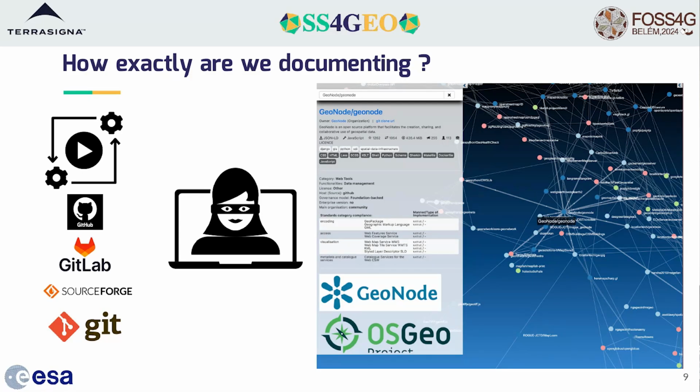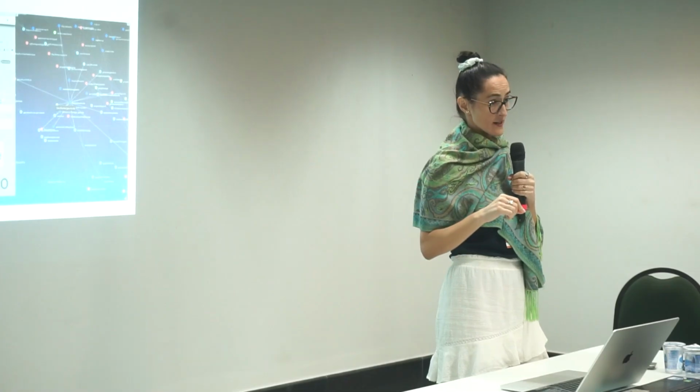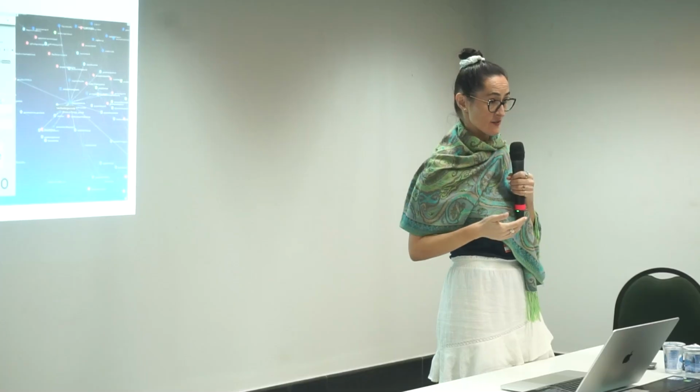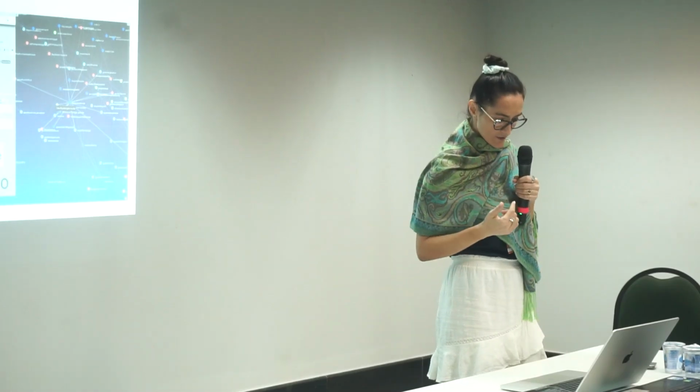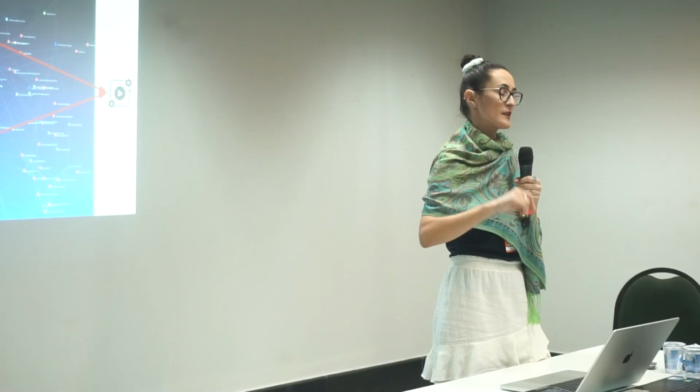Going further, how are we documenting it? Well, I kind of gave that away. We're doing it in two ways. First, it's automatic. In order to insert a project into this graph, into this database, you just need the public repo of that project. And then automatically it harvests all the information that is available there. But we also harvest manually some relevant information. From my point of view, as a person that uses a lot of open source tools, relevant is, for example, the main functionalities of that particular project.